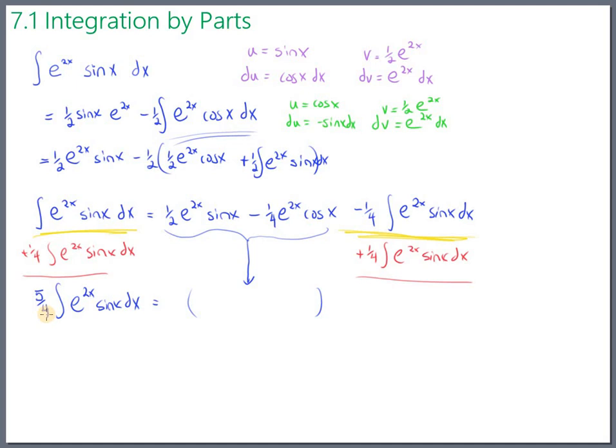So divide both sides by 5/4 or multiply by 4/5. Maybe that's a better way to say it. So it equals 4/5 times 1/2 e to the 2x sine x minus 1/4 e to the 2x cosine x. I could distribute that 4/5, and the ultra important part, don't forget a plus c.